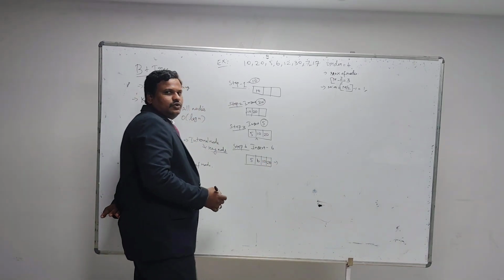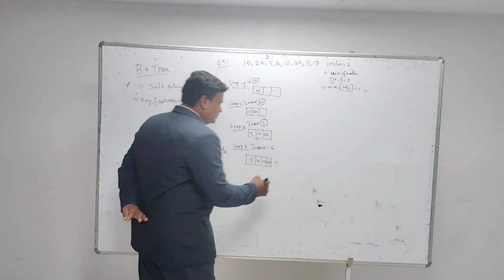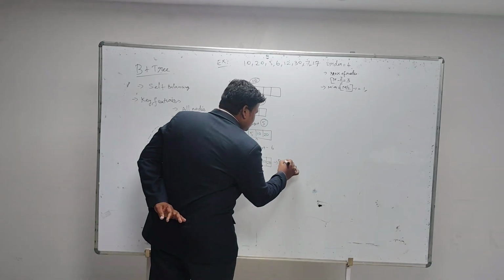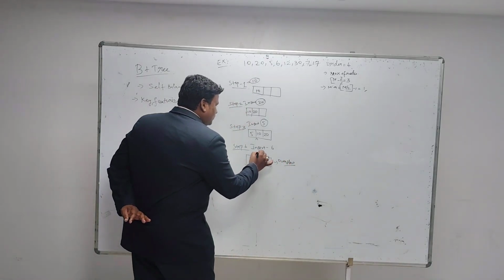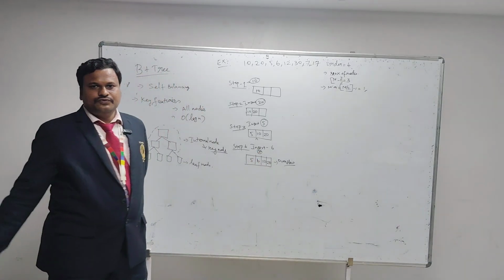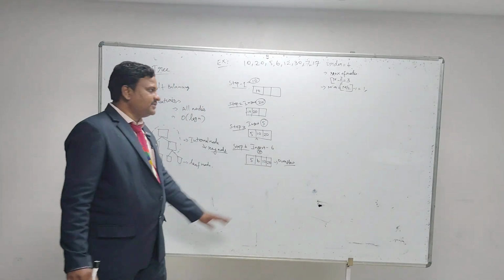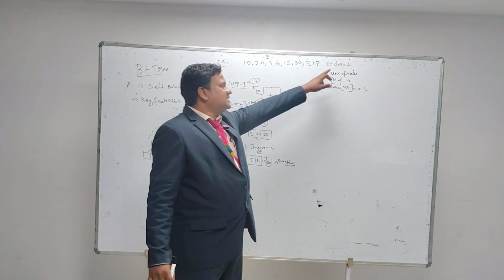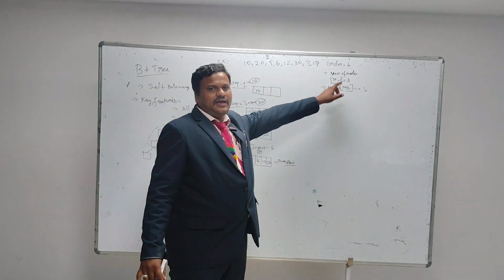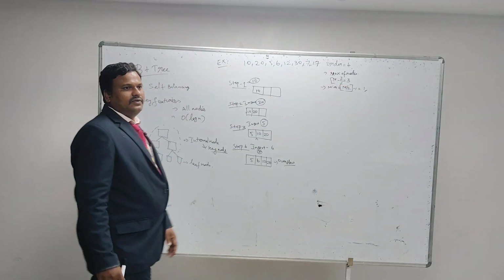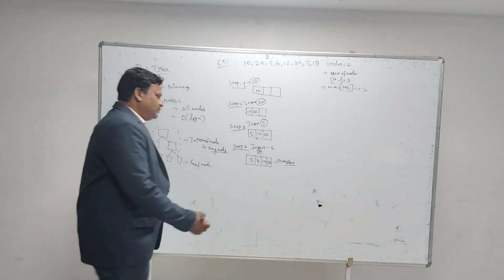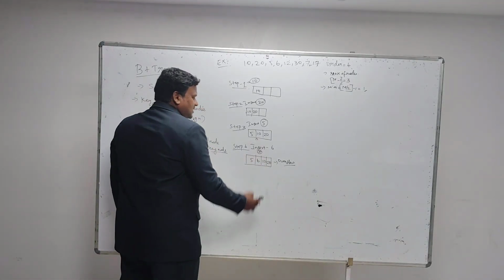There is an overflow, okay? What is the overflow? We can't hold 4 keys. The maximum we can hold is only 3, that is order 4. So we can't insert 6 in the end.